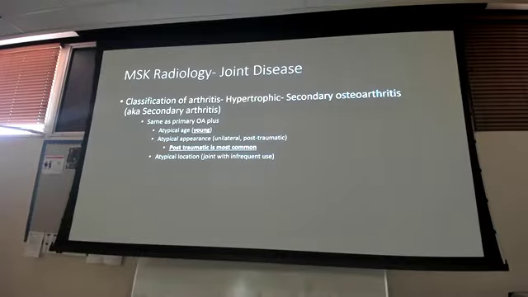Secondary osteoarthritis. Primary means it just happened. Nothing caused it. Just age, life. Secondary is caused by something else. So secondary osteoarthritis, everything else is the same as primary that we just covered, except usually young people and unilateral, because it's probably caused by trauma.